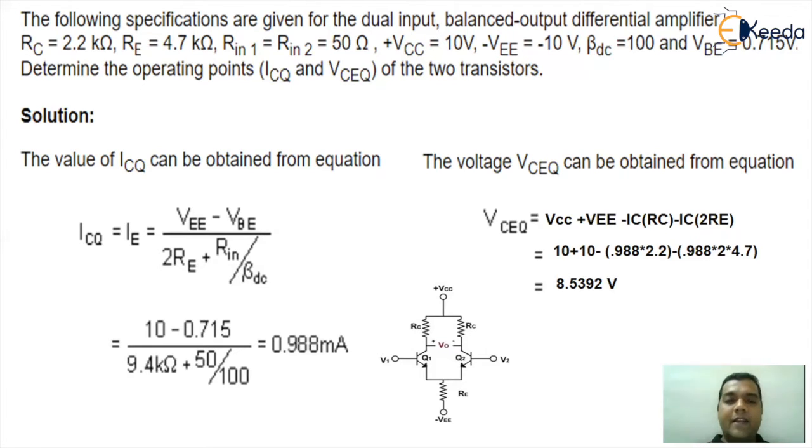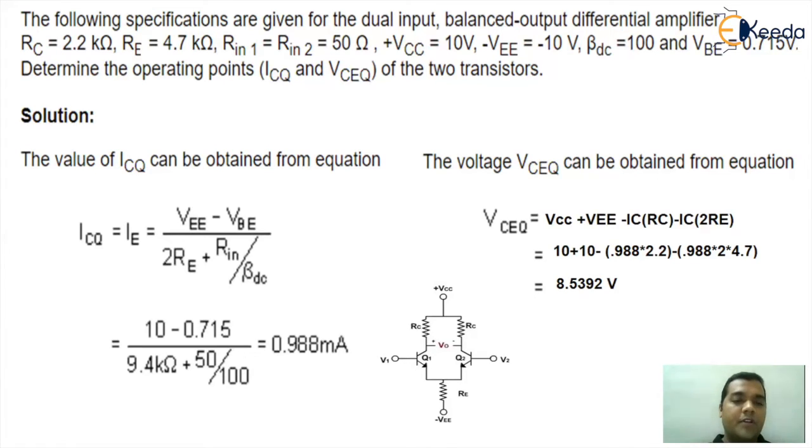From that, I will get the value of IB, which can be converted into IC or IE by multiplying by beta. We are assuming here that IE and IC are the same. So ICQ or IE is equal to VEE minus VBE divided by twice RE plus RIN divided by beta DC. This is the derived equation.